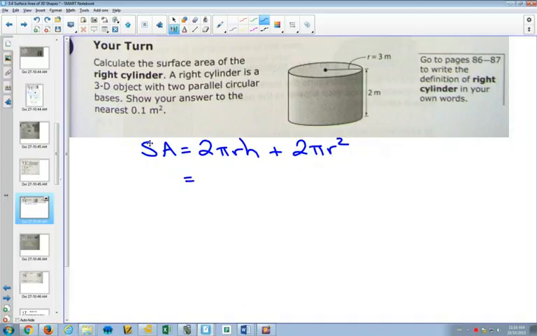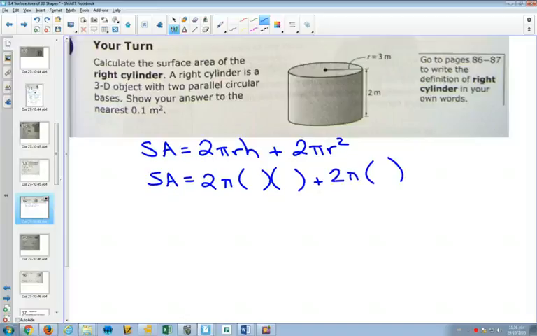And now, after you've written out your formula, you can replace each of the things, the radius and the height, with numbers. So we look here and we see our radius is 3. So wherever we had an r in our formula, we replace that with a 3. And our height is 2. So wherever we had an h in our formula, we replace it with 2.